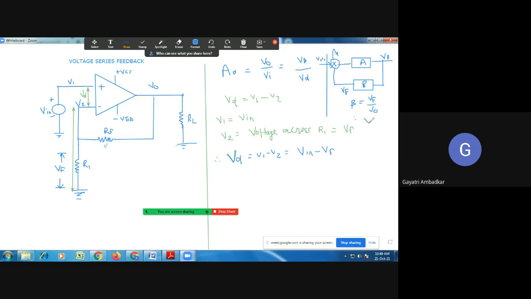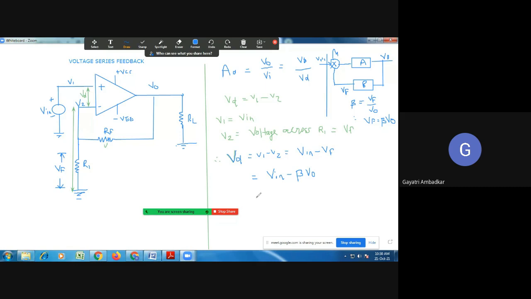Therefore, Vf is equal to beta times Vo. So I will write this Vd as Vin minus beta times Vo.